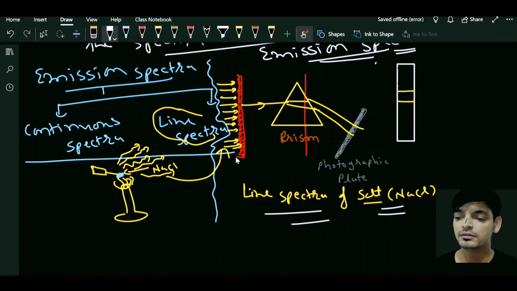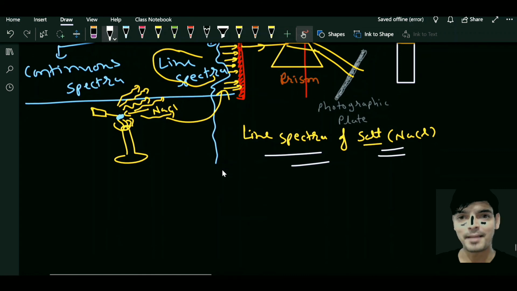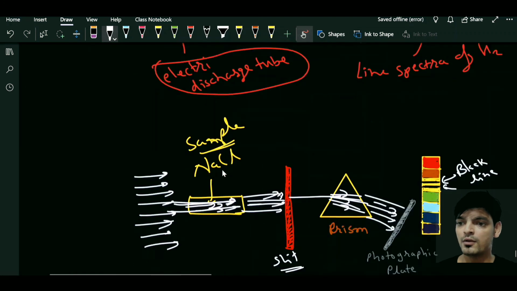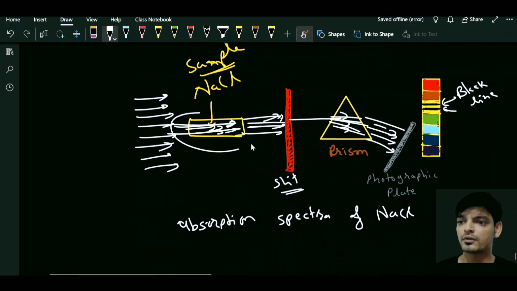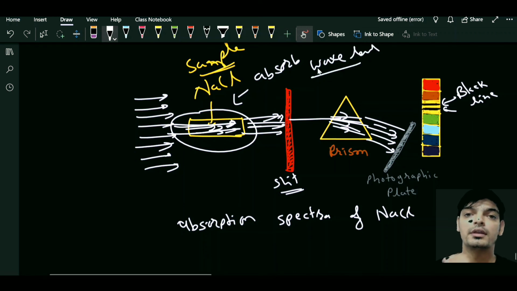And then absorption spectra means what? We have to pass the light through the sample, and this sample will absorb a particular wavelength. This wavelength will not be shown in the photographic plate band.